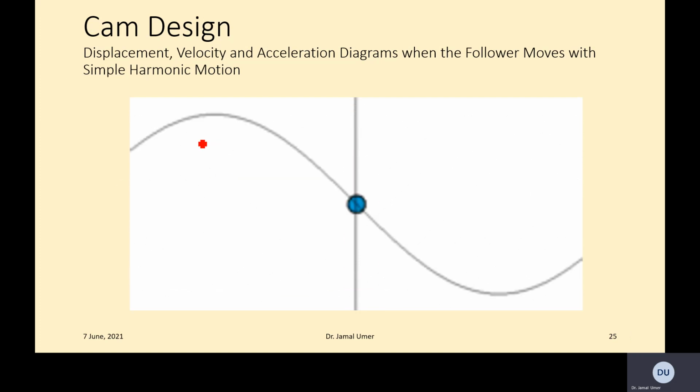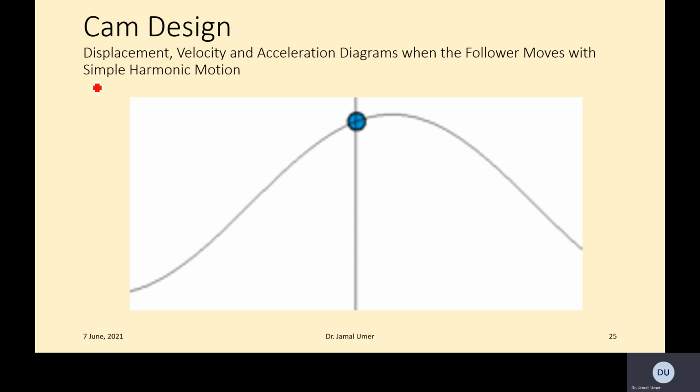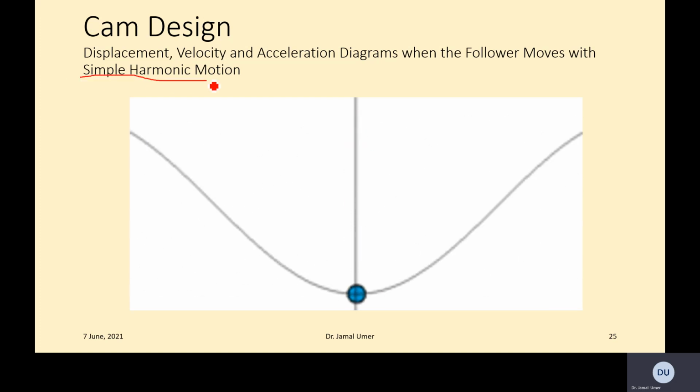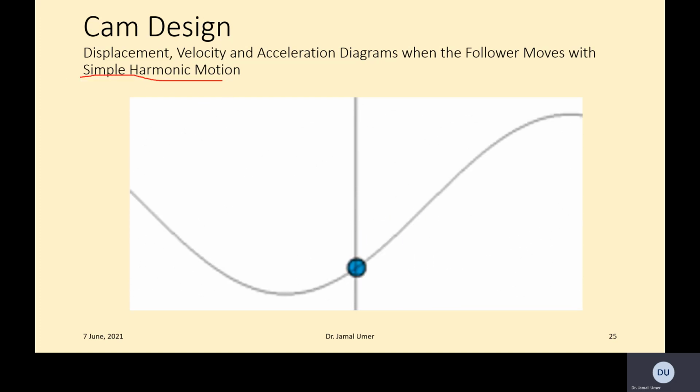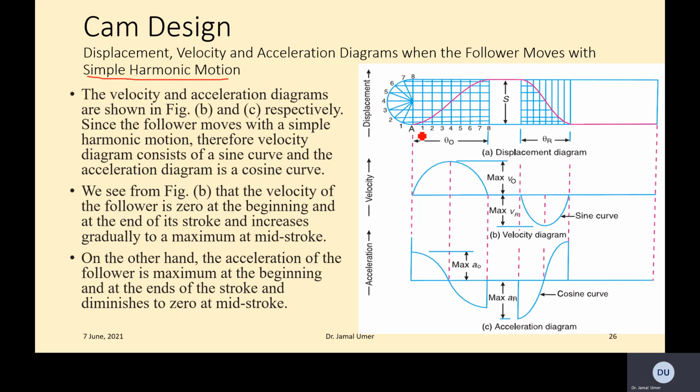So we will build the next couple of slides based on analysis of simple harmonic motion. All right, so the velocity and acceleration diagrams are shown in figures B and C. The top one is the displacement, the second one is velocity, and then we have the acceleration diagram.